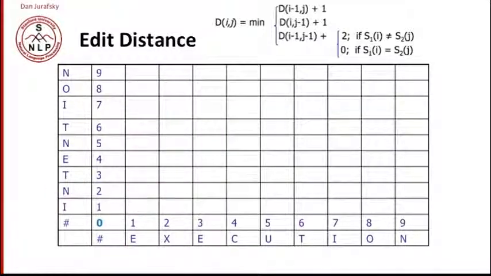So again, we have 3 here. So we have a 2, and we have a 3. And if we continue along in this manner, again, in each case looking at the 3 previous cells and using this equation over here, we'll slowly end up with the rest of the table, and so on.